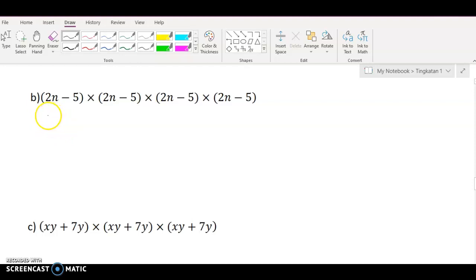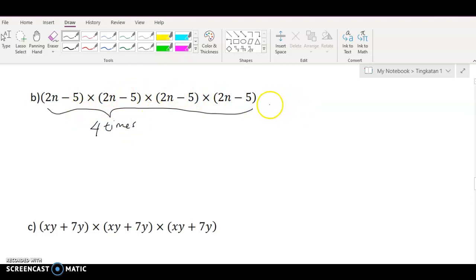Tak apa, kita sambung. Now, it involves 2n minus 5, 2n minus 5, 2n minus 5, 2n minus 5. What you have to do is only calculate the brackets. Look at the bracket first. One bracket means 1 times. Here we can see 1, 2, 3, 4, so 4 times of the bracket.